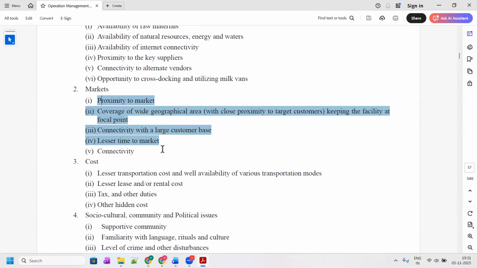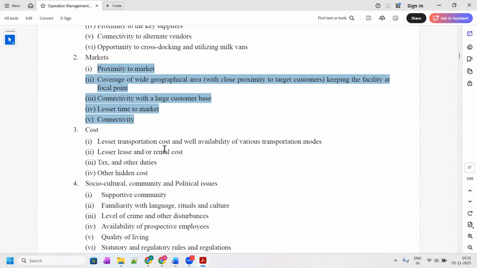If the market can connect to a wider geographical area, it would be easier for the company to sell their product. And if they can connect with a larger customer base, and it takes less time to reach the market, all that is self-explanatory.